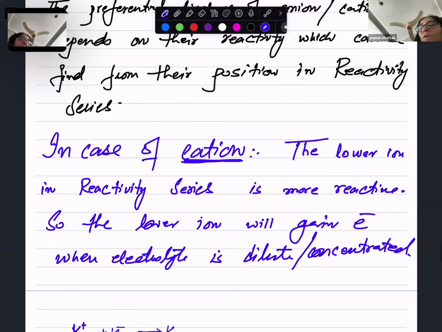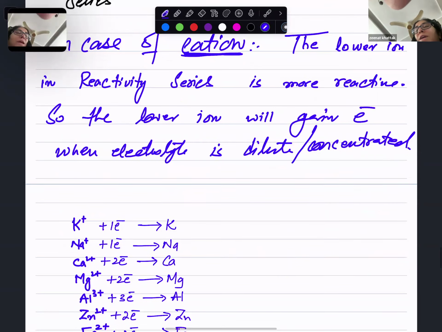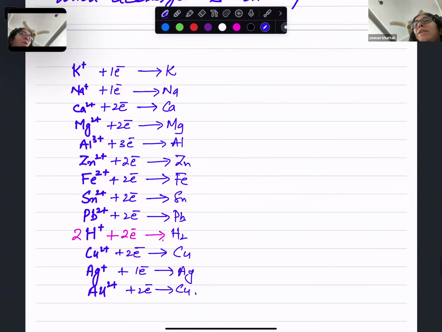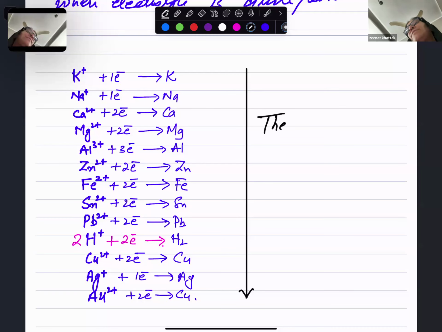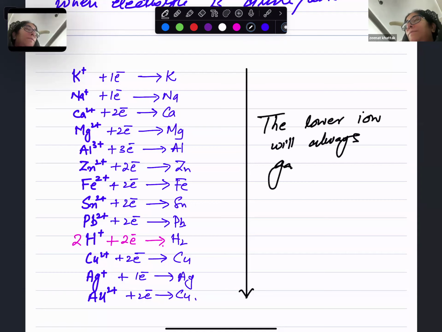The lower ion will always gain electron.